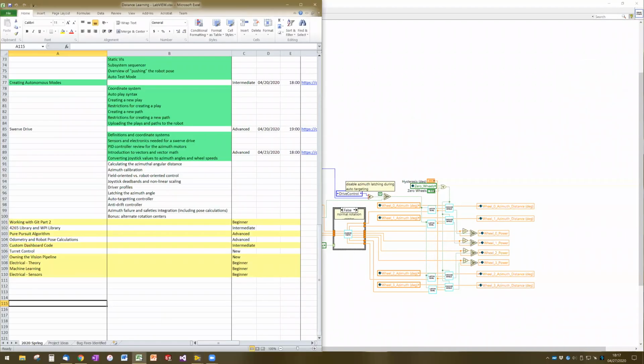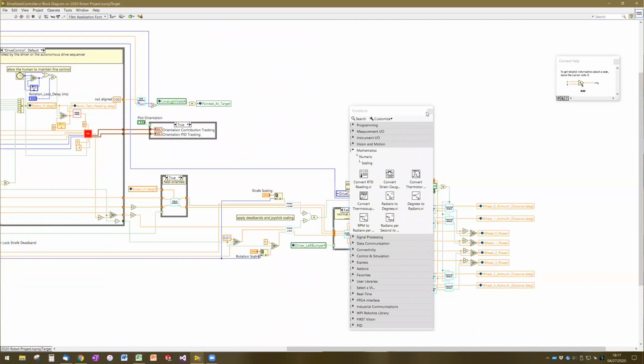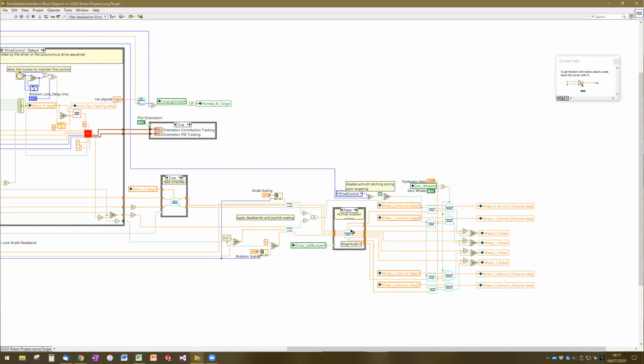So let's see. Okay. So the next thing that we need to look at is the output of the Swerve math block, which are the wheel powers and the target angles for the wheel modules. Does anyone remember what we have to do to the target angles or the goal angles from the wheel modules before we can input them into the PID controller for the Swerve modules?